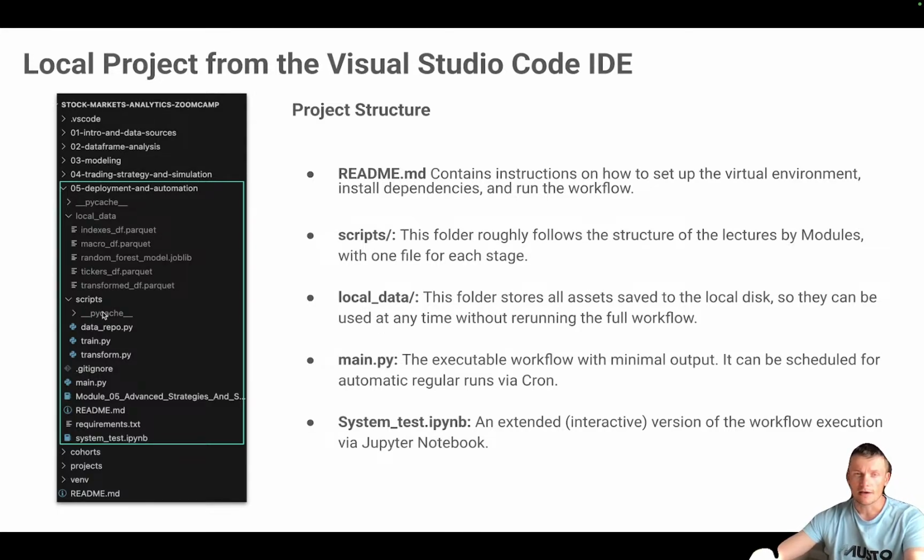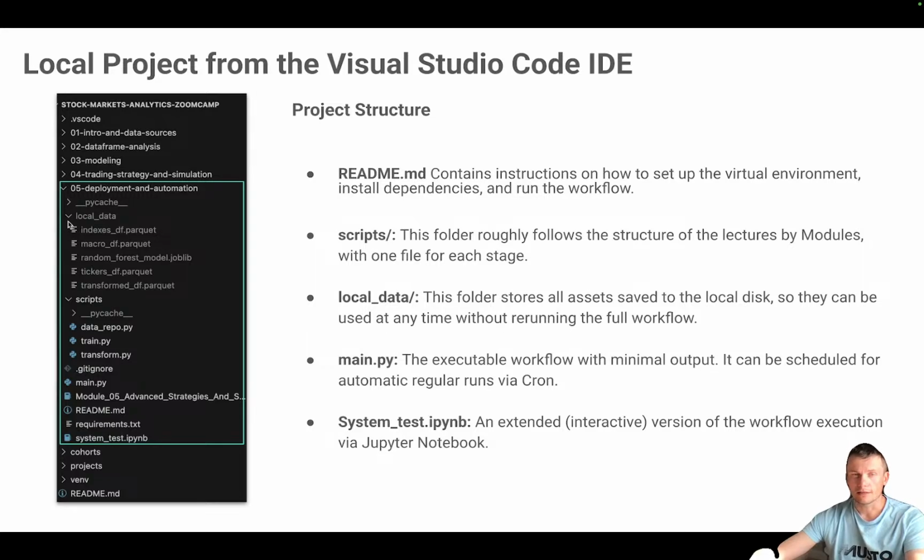In the scripts folder, I have 3 Python files, data repo, train, and transform, and each has a data class defined, a logical entity which replicates the whole process of getting data from APIs or from a local storage, then transforming the data from different sources into one data frame, training the model or loading it from the local storage, and then performing inference.